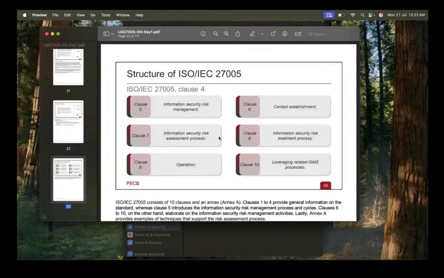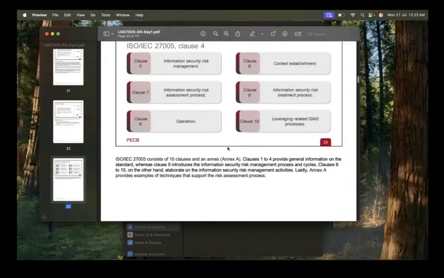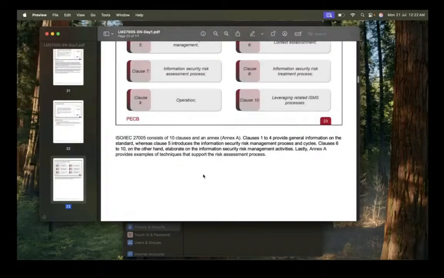Similarly, clause 9 is about the operation. Clause 10 is related to leveraging related ISMS processes. So there are different processes, and which one will be suitable? We can read more about it.